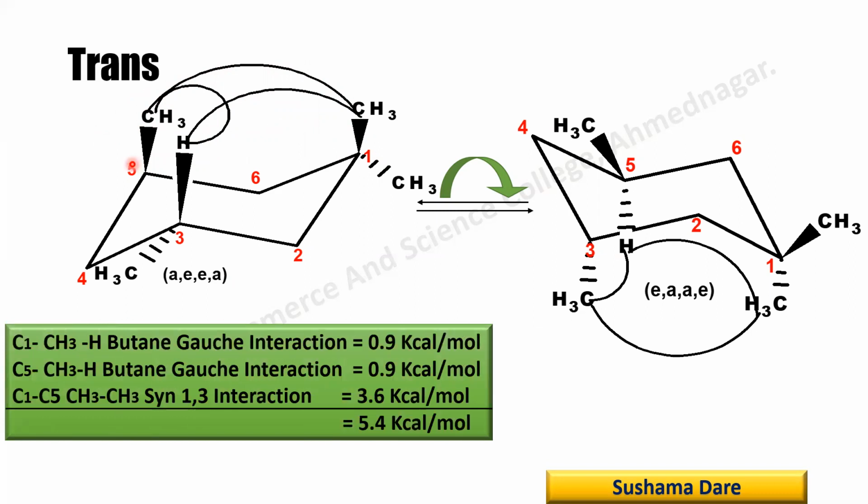So this is the energy calculation for the molecule. The total energy is: C1 CH3 and hydrogen, one gauche interaction, 0.9; the same for C5 CH3 and hydrogen, 0.9; and the C1, C5 CH3 CH3 syn 1,3 diaxial interaction is 3.6 kilocalorie per mole. So the total energy of this molecule is 5.4 kilocalorie per mole.